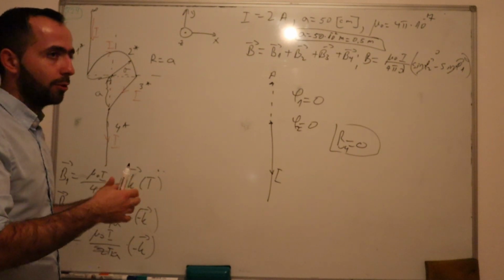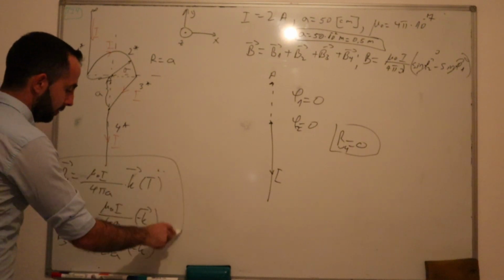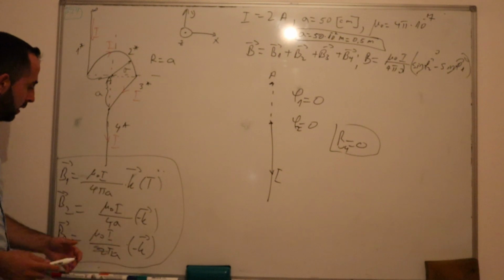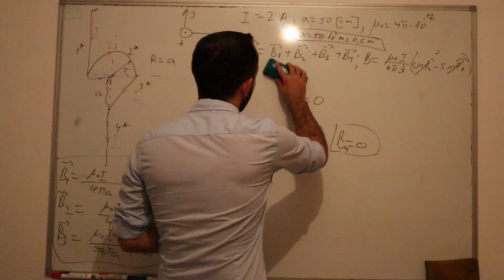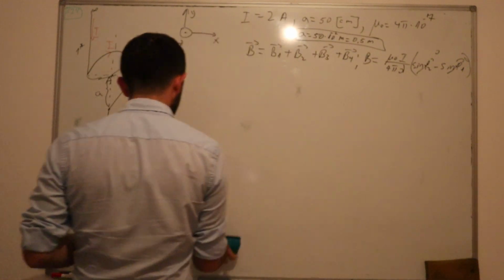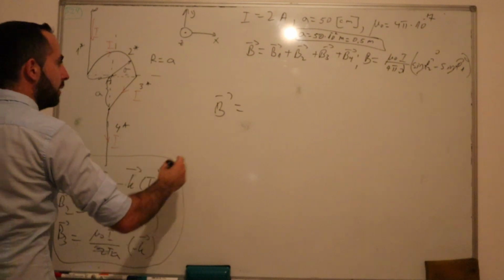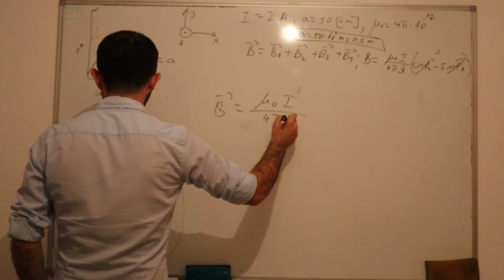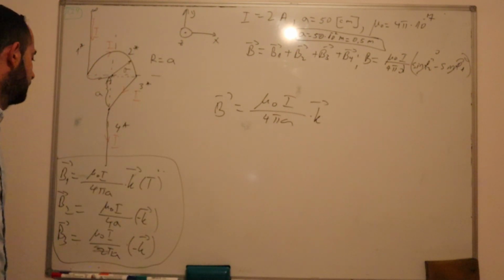You can see what will be positive, negative, or you can write it down as a vector, which I prefer. Now we simply sum up all of our vectors, and it will be B equals B1, which is mu0 I over 4 pi A times plus k unit vector.